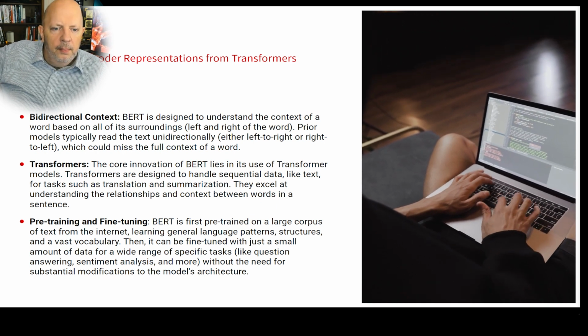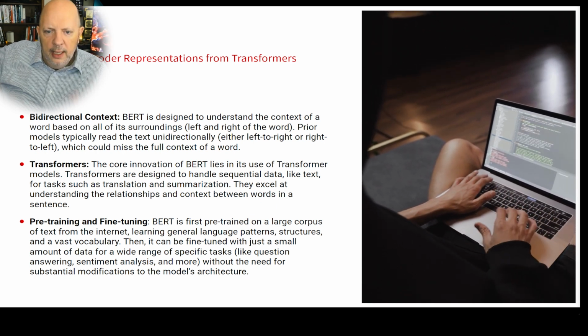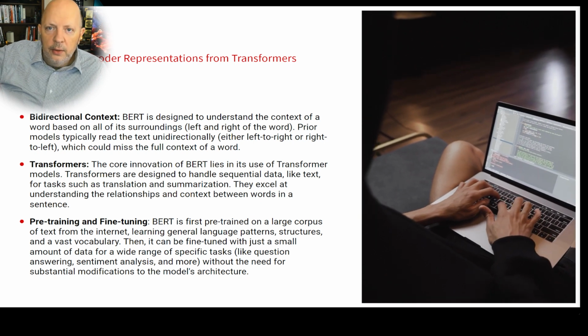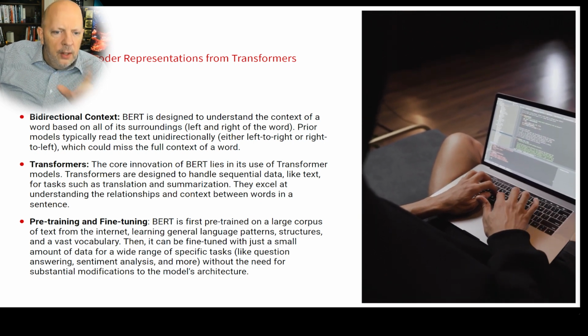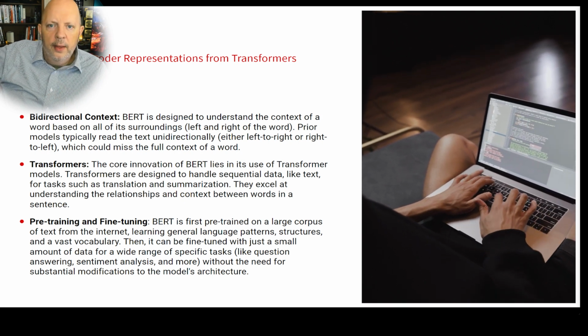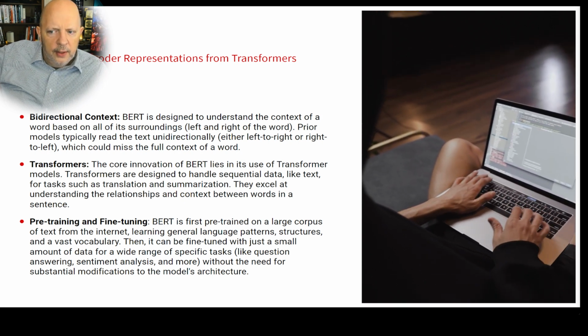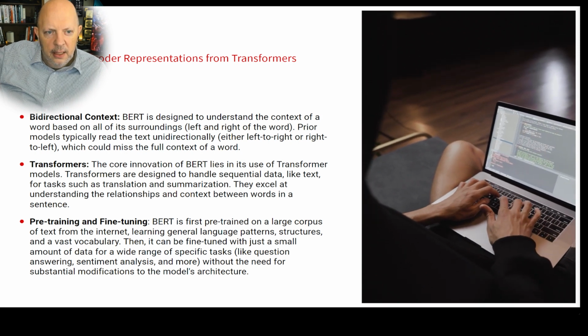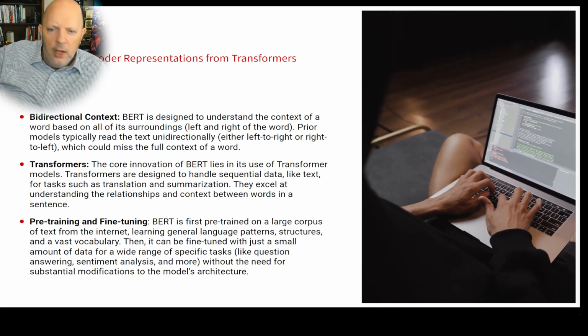The quick brown blank jumped over the lazy dog. The quick brown fox, we all know that. University of Nevada blank Vegas. We can all know that that's Las Vegas. So that's masking, and that's part of how BERT learns, and a few other methods.